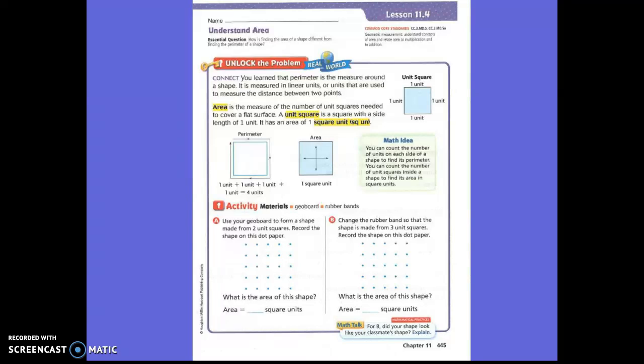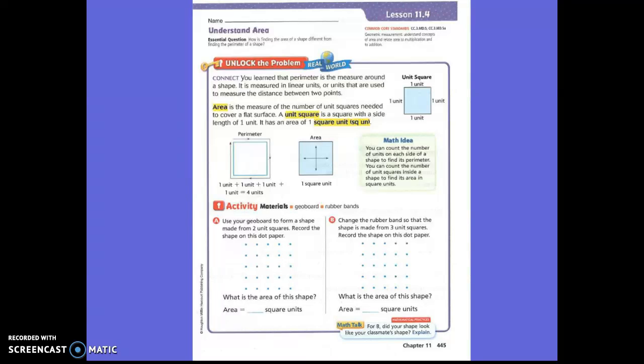You learned that perimeter is a measure around a shape. It is measured in linear units, or units that are used to measure distance between 2 points.